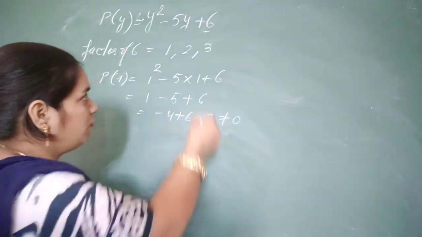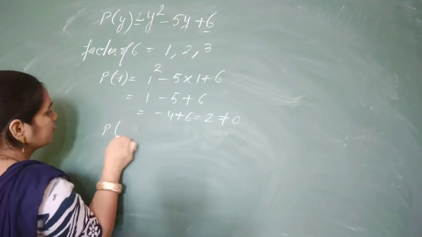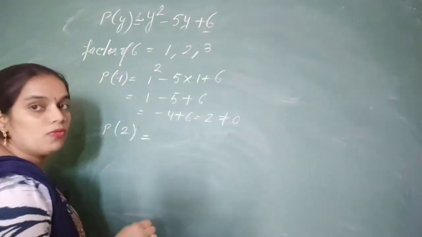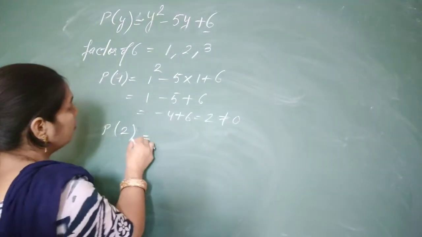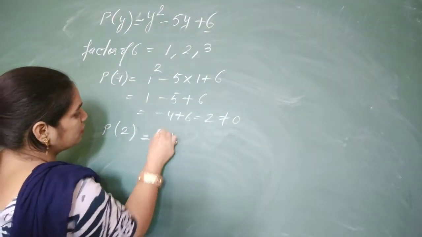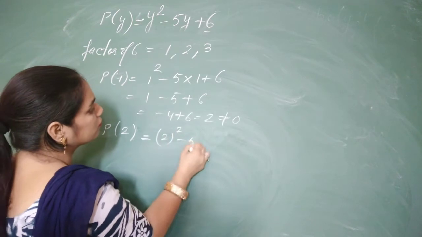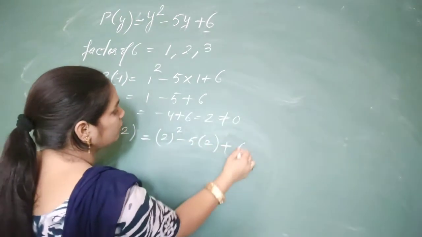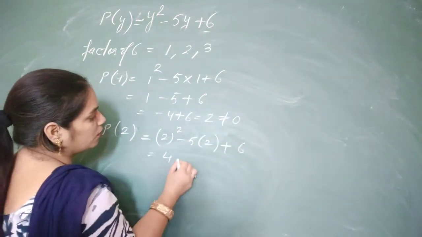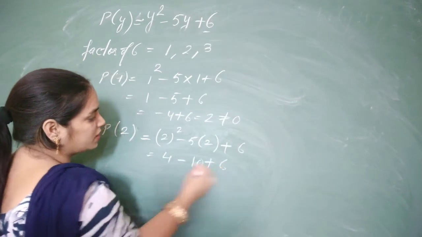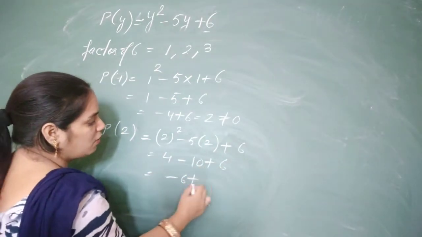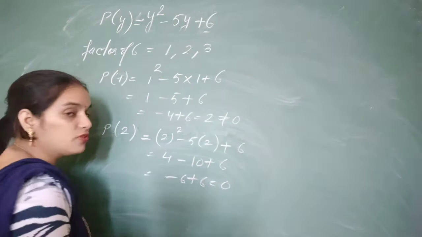Now we continue. We will take 2. Now we will find the value of the polynomial at y is equal to 2. Square of 2 is 4, 5 twos are 10, plus 6. From here we get minus 6 plus 6 is equal to 0.